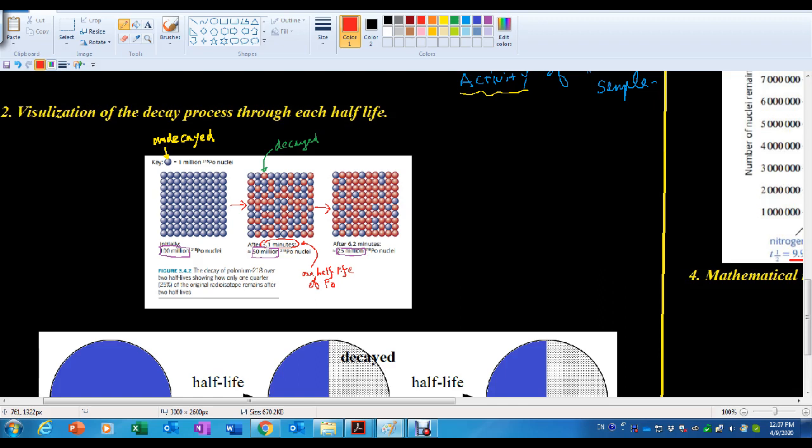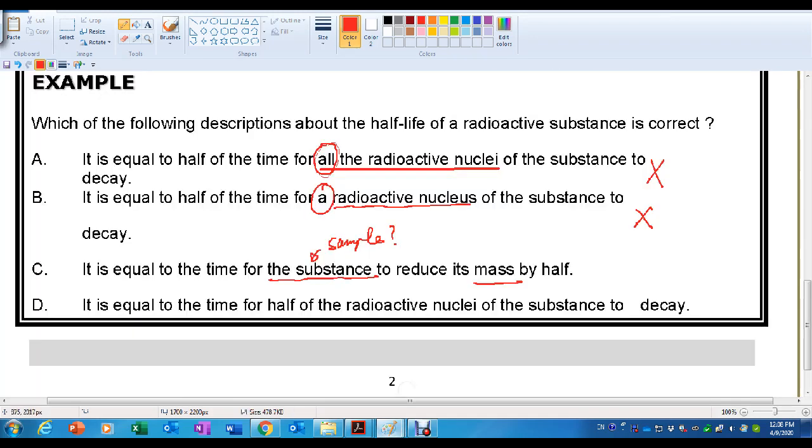They are still in the sample. So that means the total number of nuclides actually remains unchanged, even though the portion of radioactive ones becomes less and less. All right. So for the sample, the mass would be the same. It won't be reduced by half, right?